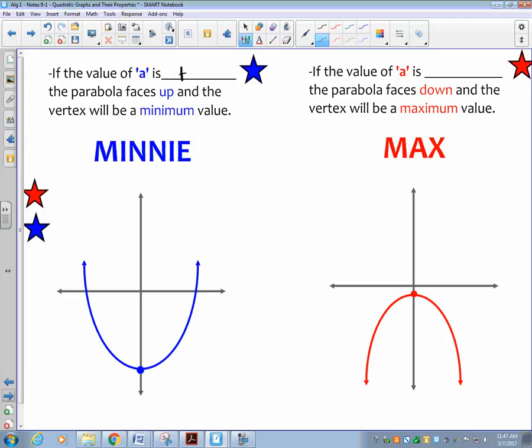So if the value of A is positive, the parabola faces up. If you have a positive personality, you are smiling, so your parabola is also smiling. And then the vertex will be a minimum.